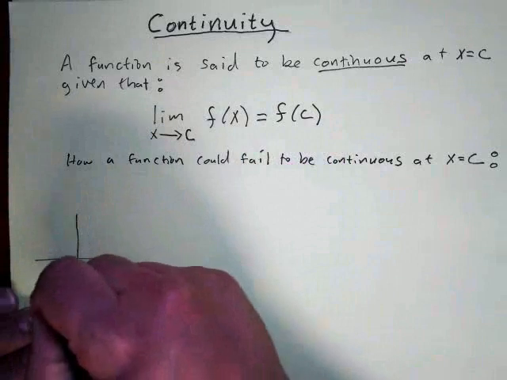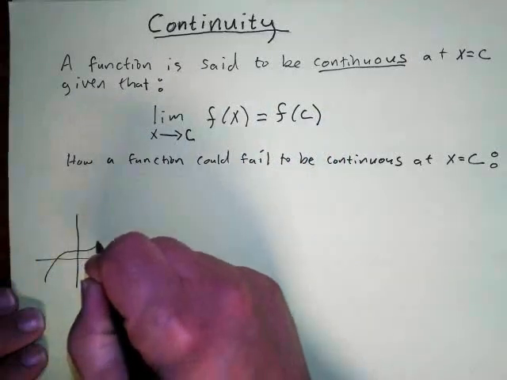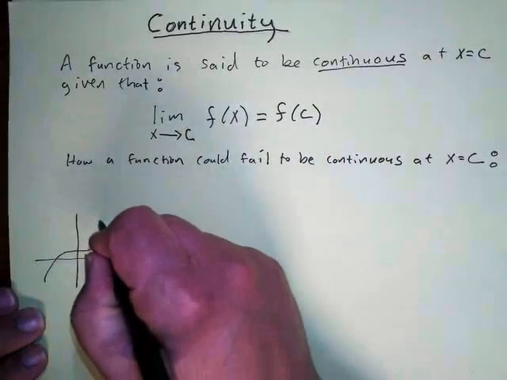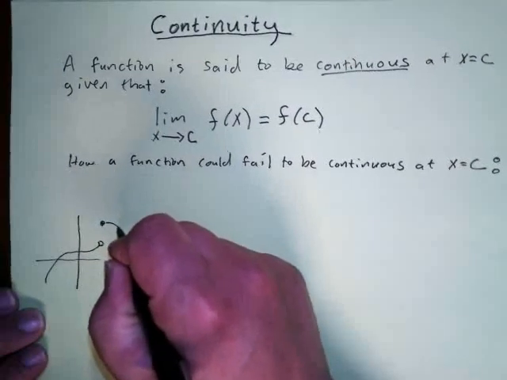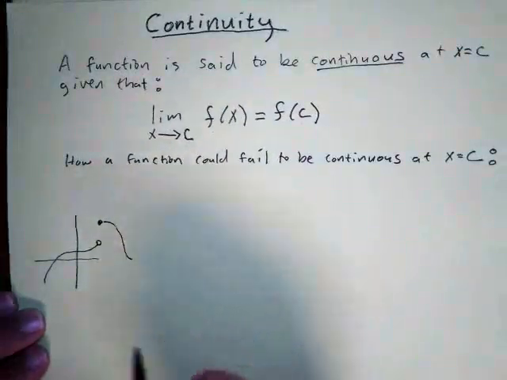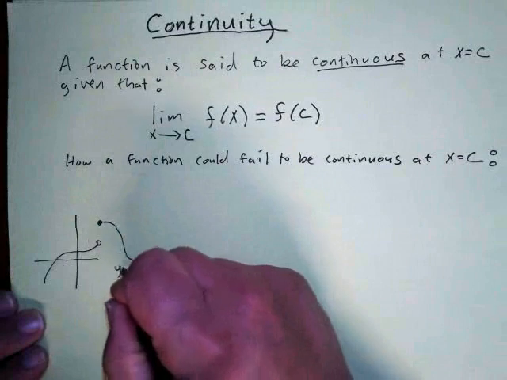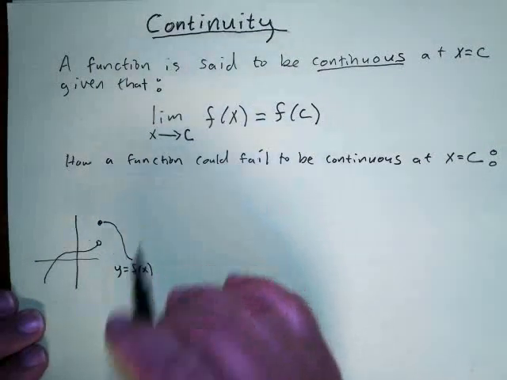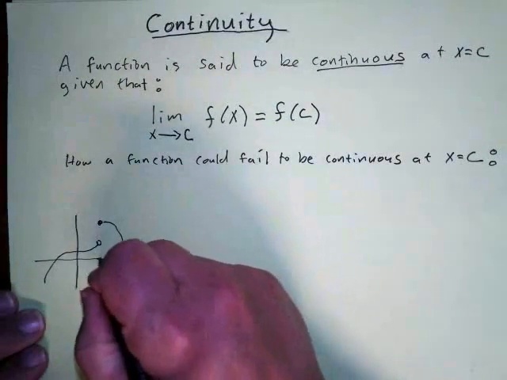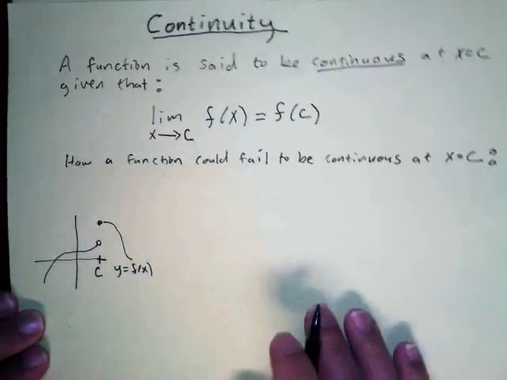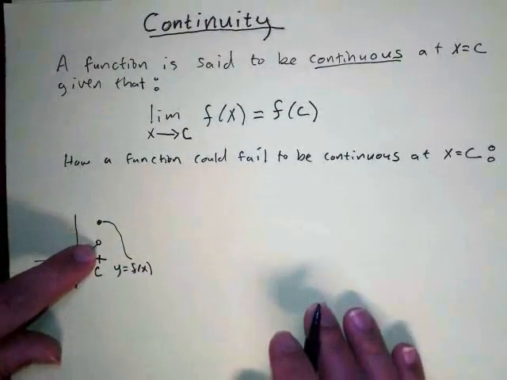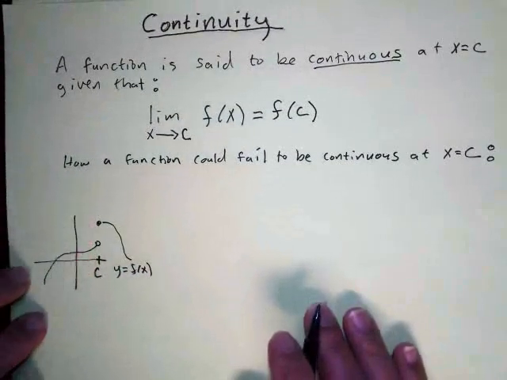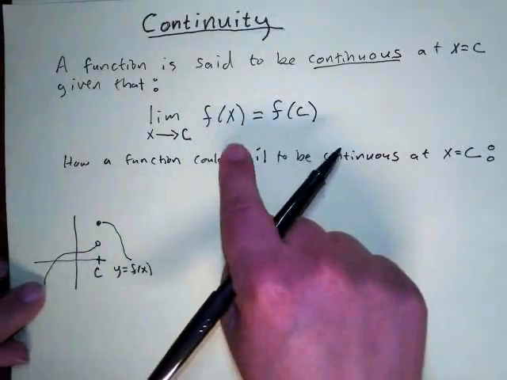So let's say we had a function here that went like this. Maybe it was like that. And this is y equals f of x. And so if this is x equals c here, at c, the graph actually makes a jump, and in this case there would not be a limit.